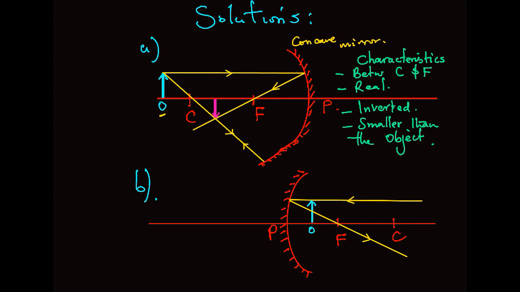On the other hand, a ray that passes through C is reflected to pass through the same path after reflection.